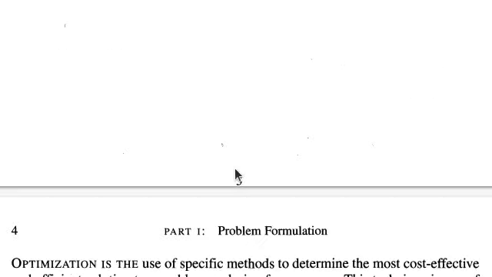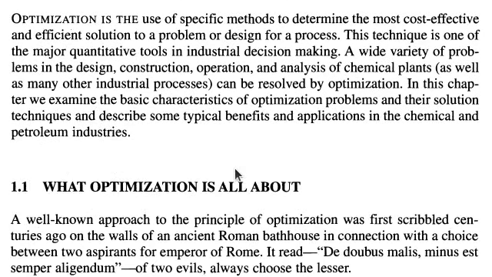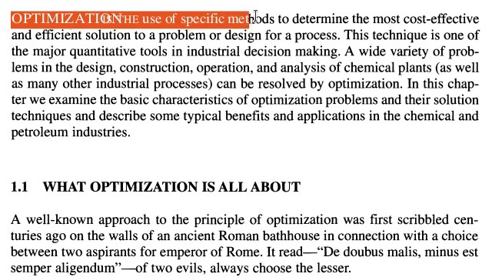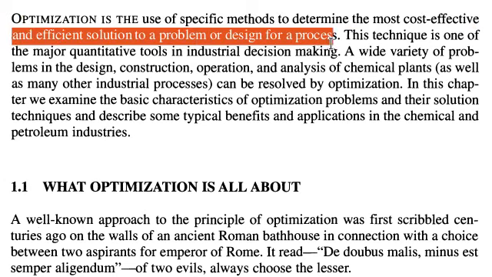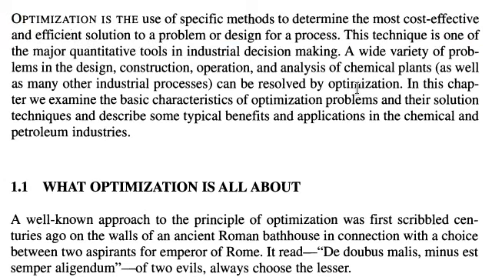First of all, we would like to know what is this optimization. So it says that optimization is the use of specific methods to determine the most cost effective and efficient solution to a problem or design for a process. So actually cost comes into picture, and not only cost, but how efficient we will make our problem, how we will carry out our process, chemical process.